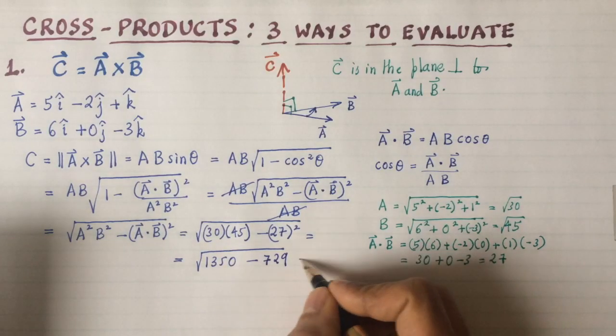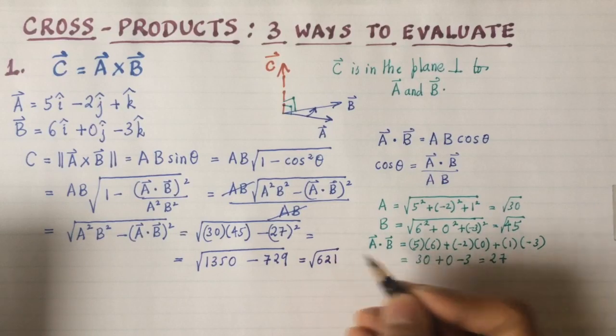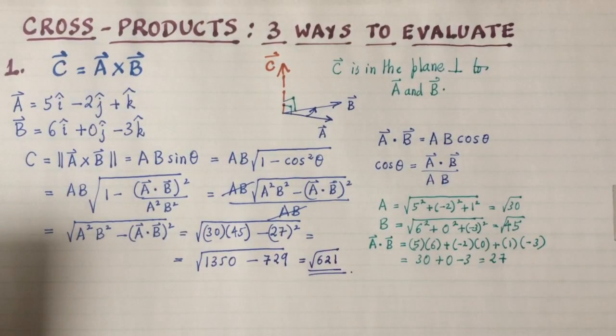So that's the square root of 621. And I'll just leave it like that. It's close to 25, but I'll just leave it like that.